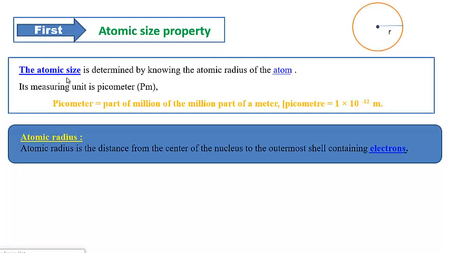The measuring unit of atomic size is called the picometer. The picometer equals one millionth of a millionth of a meter, which equals 1 times 10 to the power of minus 12 meter. This is the measuring unit of atomic size.